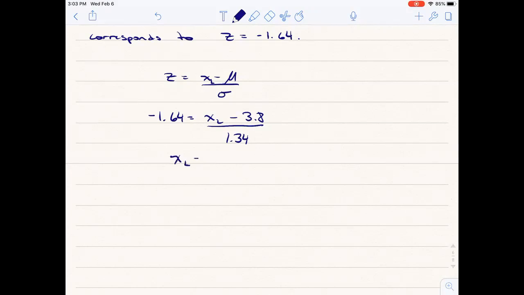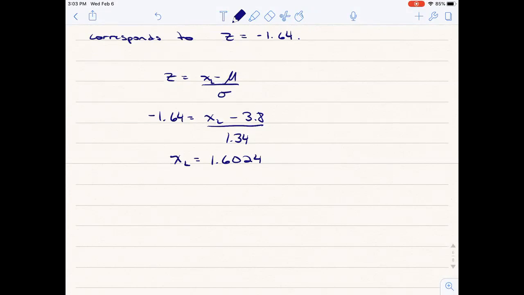I get an X lower of 1.6024. Hopefully I clicked that right. Looks okay. So that's the lower bound.